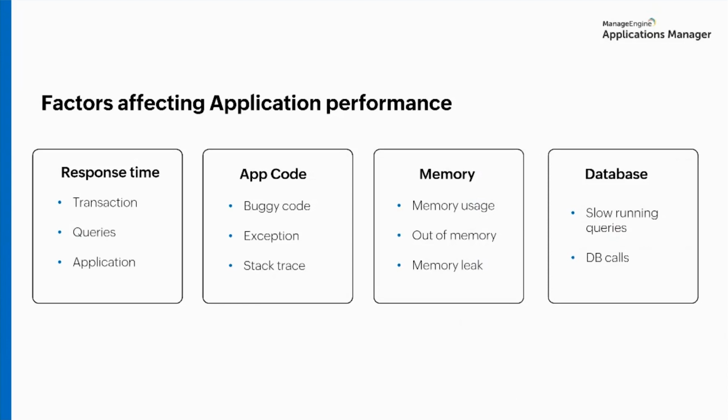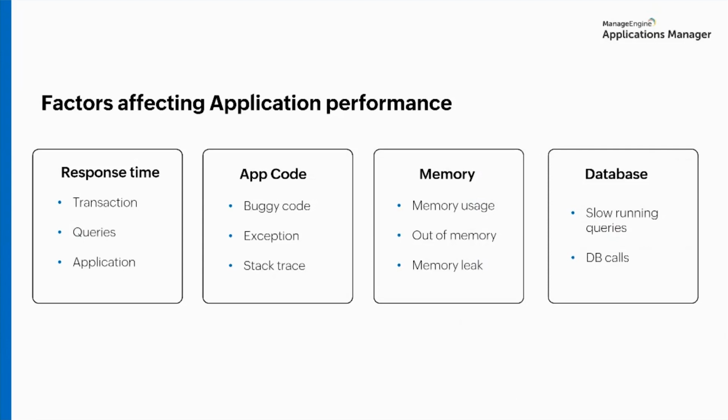The third one is the memory. So high usage of the web applications and not optimized application at the code level can cause some high consumption of the memory from its allocated space in the machine, leading to memory leaks and out of memory. The last one being the database queries.